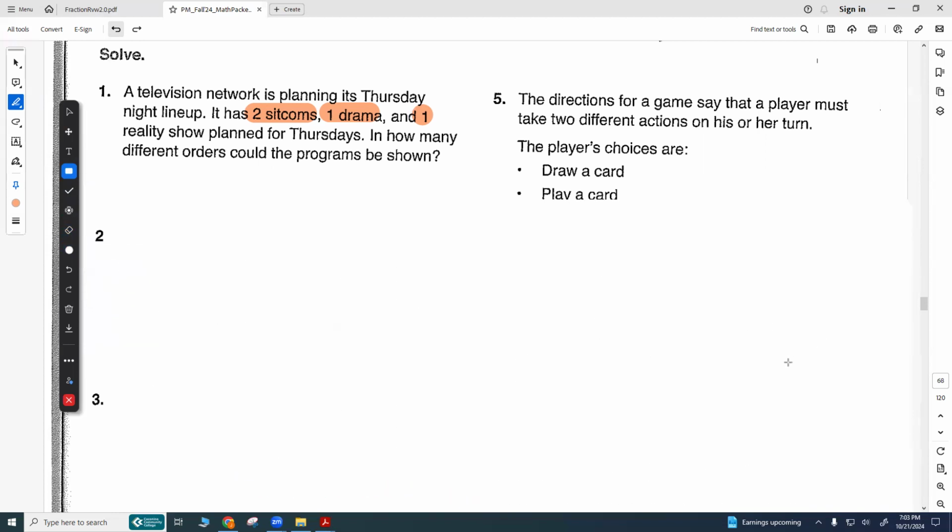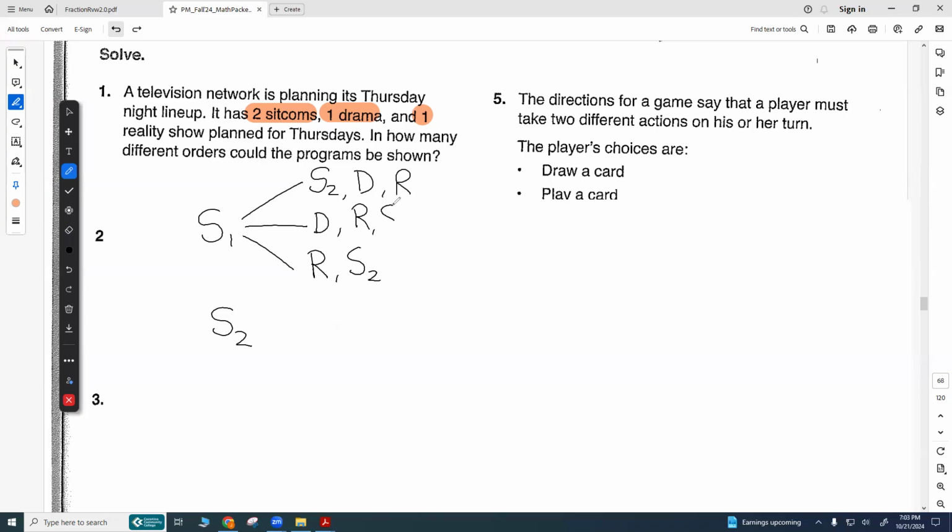But basically, we could say I'm gonna start with sitcom 1, and sitcom 2, and then, yeah, so we know basically for each show, once again, we're gonna end up with 6.